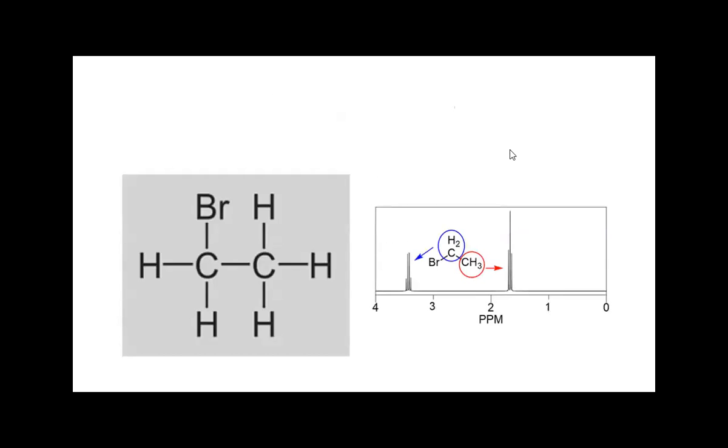Here the rule is the n+1 rule. These hydrogens are connected with 2 hydrogens, so we will get 3 peaks here, which is what we got. And these 2 hydrogens are connected with these 3 hydrogens, so the n+1 rule tells us that here we get 4 peaks. So that's all. Thank you.